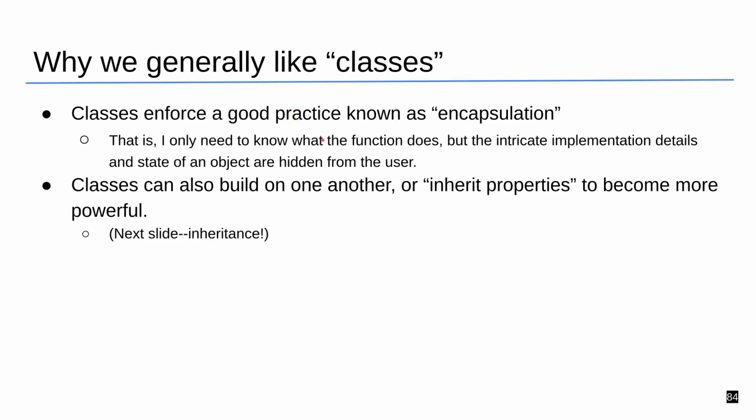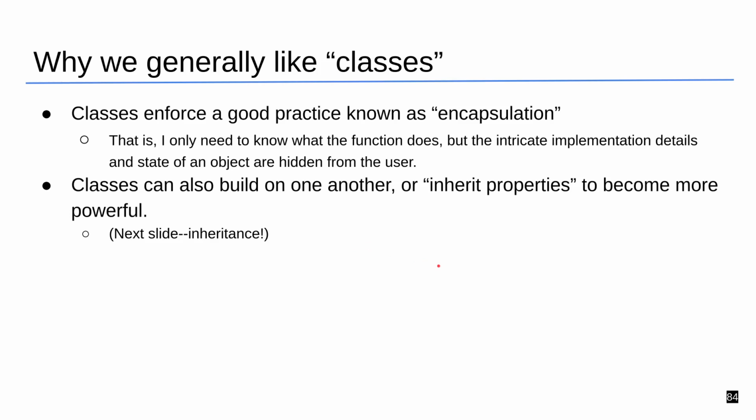Generally, again, we like classes because they enforce good practice known as encapsulation, where I only really have to know what functions do within the class. I can hide the intricate implementation details. I can hide the state of an object from a user. And with classes, I can also build on top of each other to become more powerful.